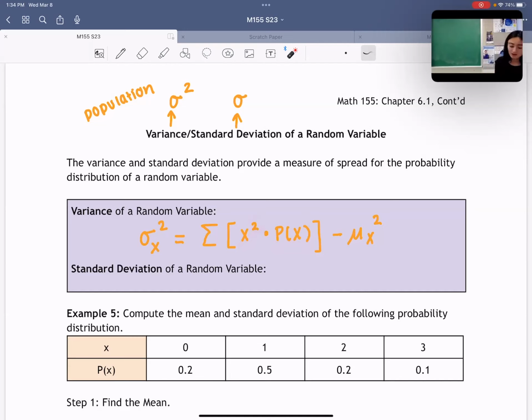After that, we take the sum, and then we have to subtract off this weird symbol here. Does anyone remember what mu x stands for? It's just the mean, right? So basically what this last part is doing is saying subtract off the mean, but square it. Okay, that's all that's saying.